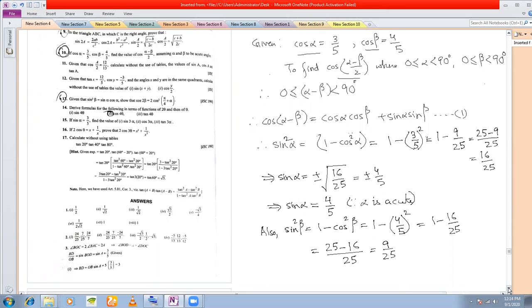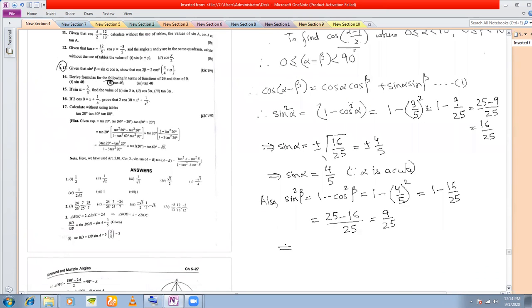That means what is sin beta? Sin beta is plus or minus square root of 9 by 25, which is plus or minus 3 by 5. So which sign should I take? Sin beta is equal to 3 by 5 because we know that beta is also acute. We are taking the positive sign.